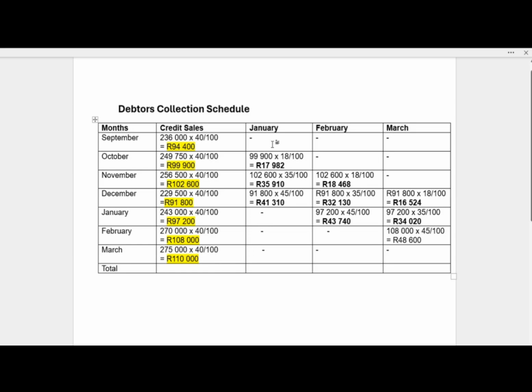And then now we can calculate the total of what we are going to collect in January. So in January, we're going to collect a total of how much? 17,982 plus 35,910 plus 41,310.